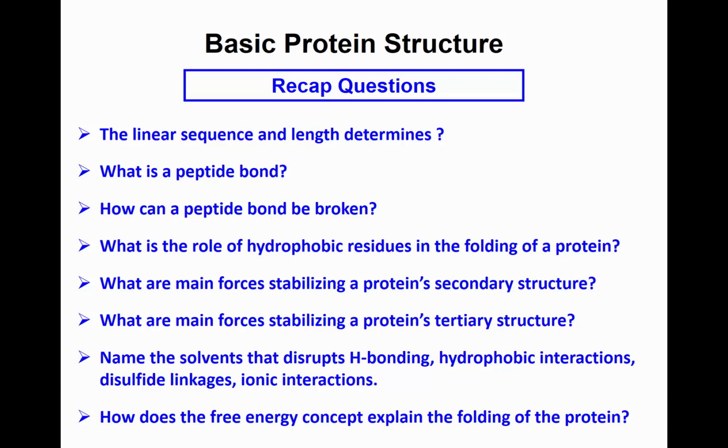Great, so let's start. The linear sequence and length of a protein impacts... Ted in the back? Impacts the primary structure. Ryan, what else? What structure other than primary structure?